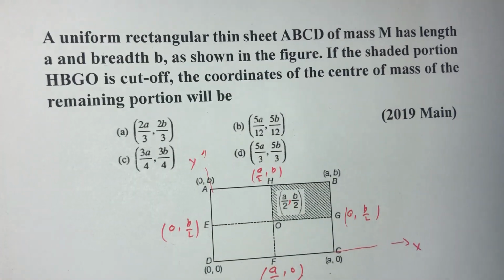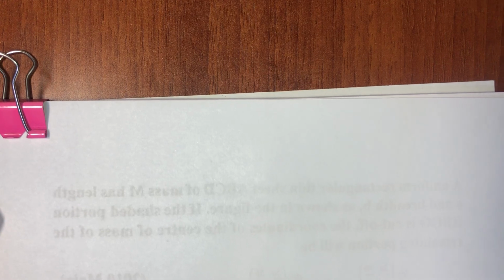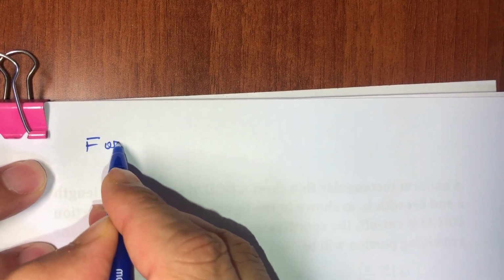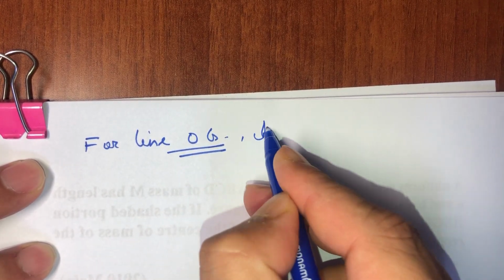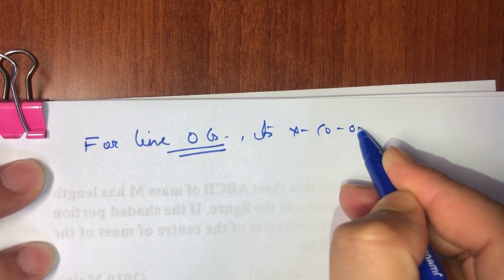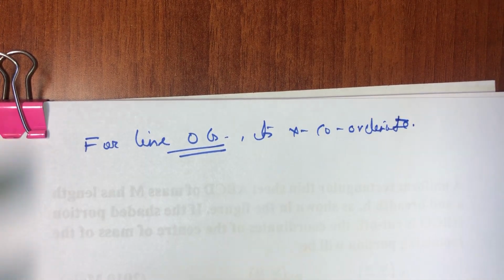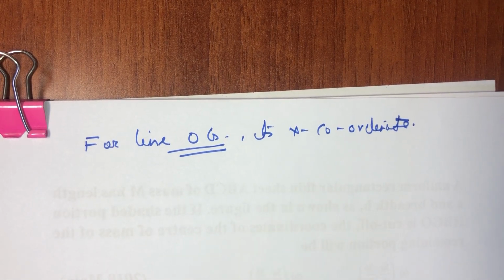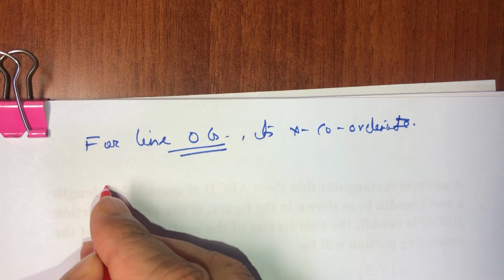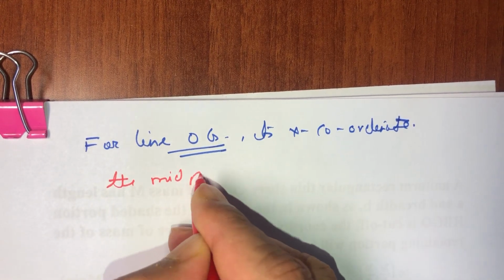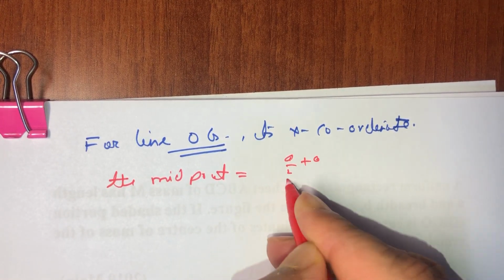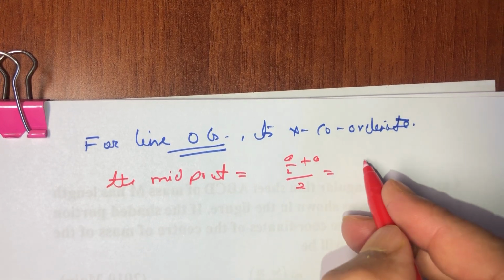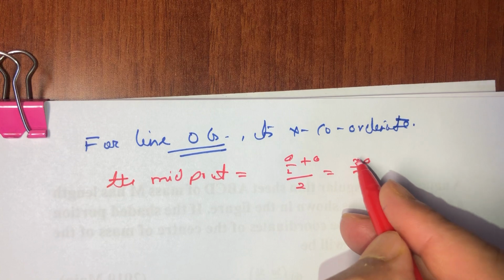First we are interested in OG. For line OG, the x coordinate of the midpoint will be A by 2 plus A divided by 2, which comes as 3A by 4.